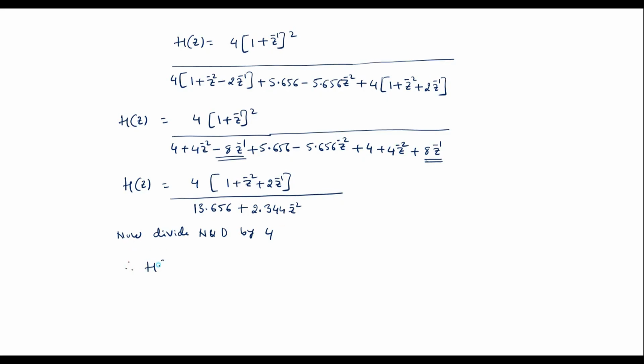Therefore I can write H of z is equal to, 4 by 4 is 1, so I will write it as 1 plus 2z power minus 1 plus z power minus 2 divided by, here 13.656 divided by 4 gives 3.414, plus 2.344 divided by 4 gives 0.586 z power minus 2. So this is the transfer function or system function of the digital filter.